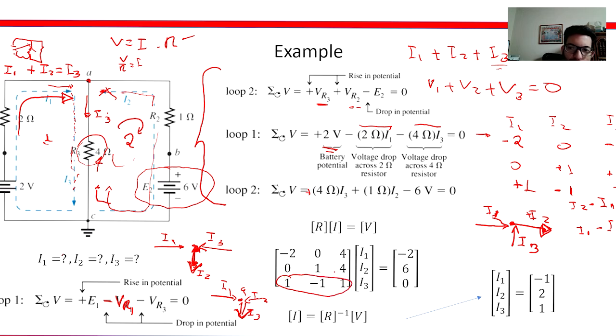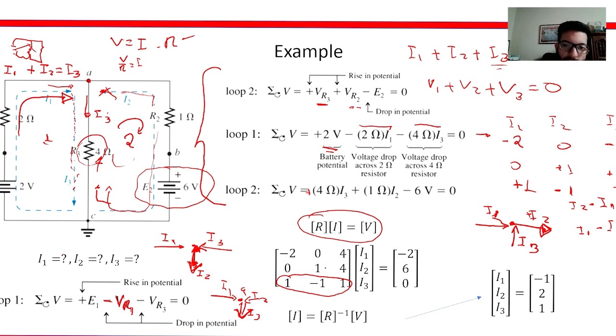So it's three equations, three unknowns. If you're not familiar with linear algebra, it's basically solving the equations -2I1, 0I2, 4I3 equals -2.